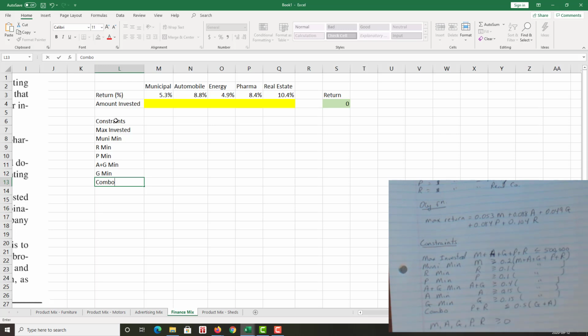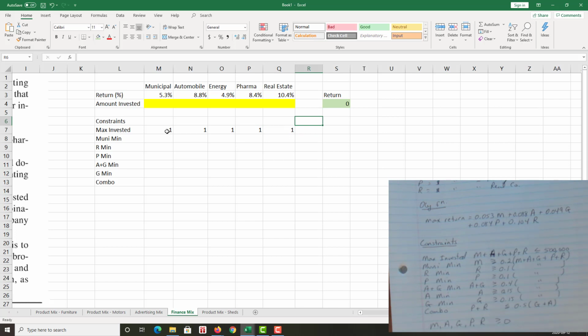A tricky little combo. Okay. So maximum invested, we saw that it's M plus A plus G plus B plus R. It's like a cheer. Give me an M, give me an A, give me a G, B, R. Okay? But they all have a coefficient of 1 in front of them, right? So easy peasy, lemon squeezy.